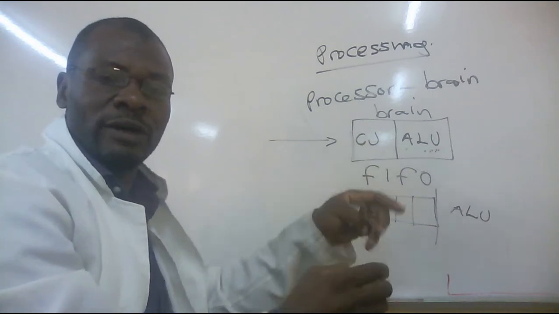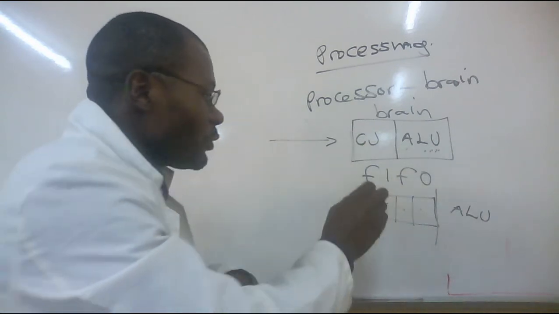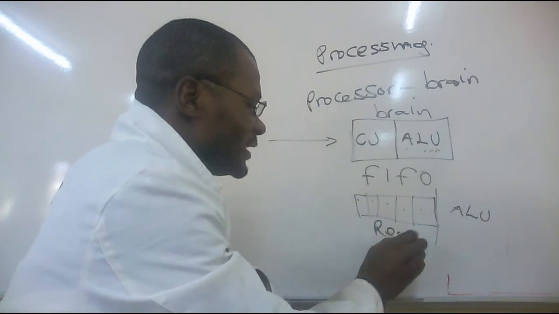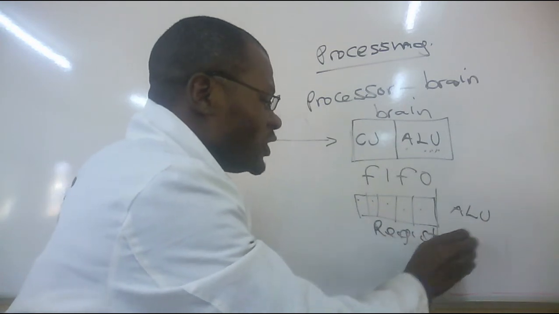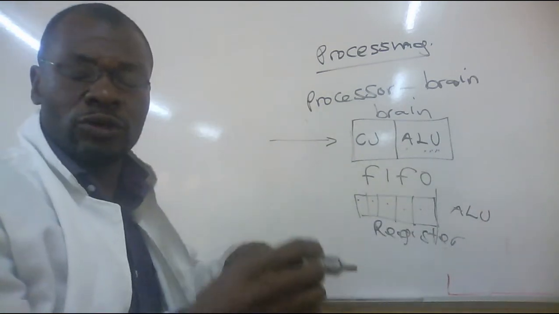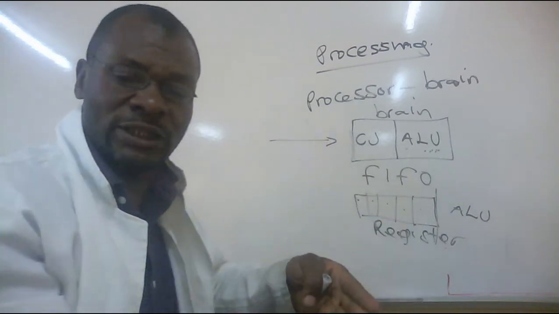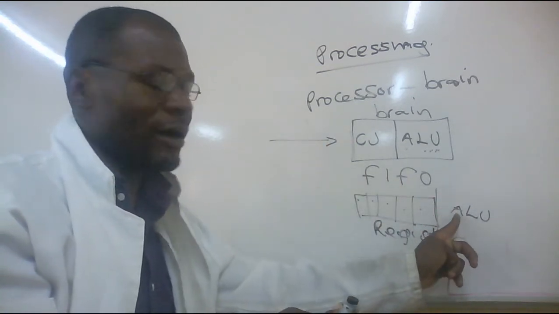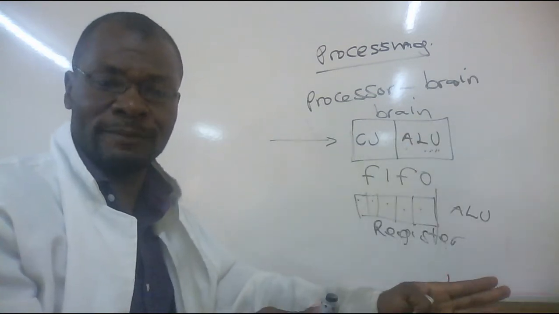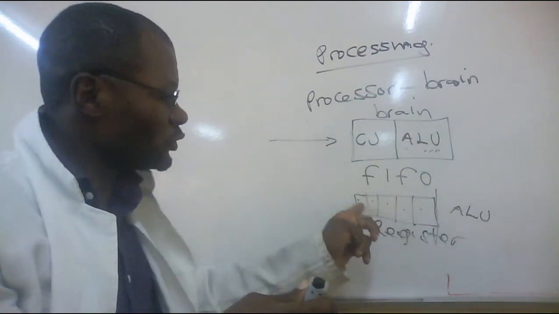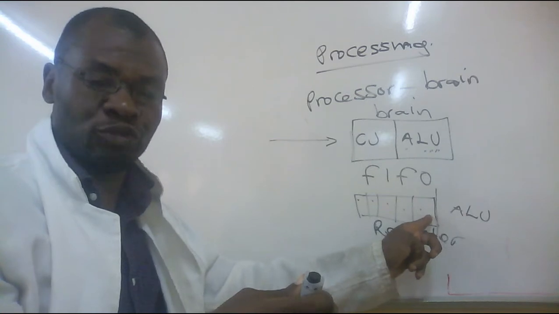And these, we call them the registers. So registers are those storage spaces which store data temporarily as it is awaiting to go for processing. And that is if the ALU is very busy. And that data will be stored in those storage spaces.